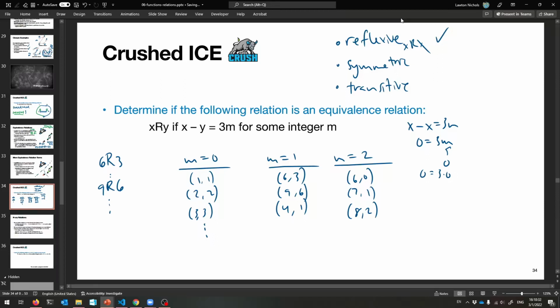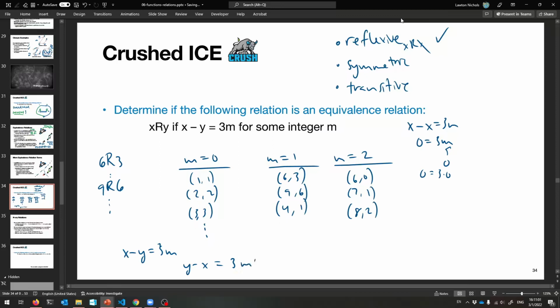Let's also talk about symmetric. Is this a symmetric relation? That means if I know that x is related to y, is it true that y is also related to x? If I know that x is related to y, that means x minus y is equal to 3m for some m. Is it also true that y minus x is equal to 3m prime for some other m?